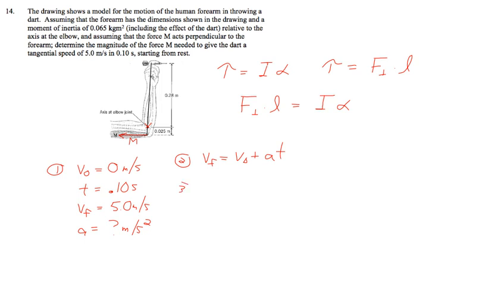Step 3, well, VO is 0, so I can cancel that out. If I solve for A, it's going to be VF divided by the time. So that is 5 meters per second divided by 0.10 seconds. So that's 50 meters per second squared. Right, so there's my A.